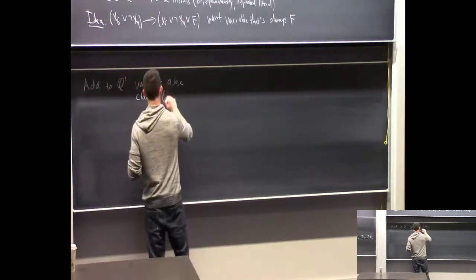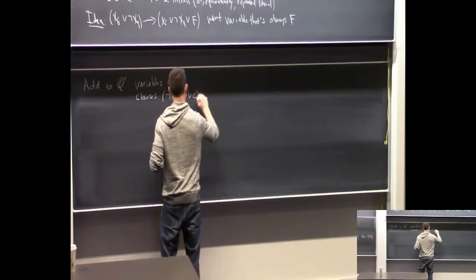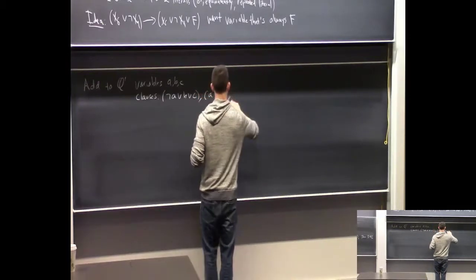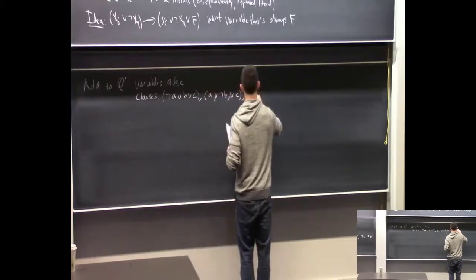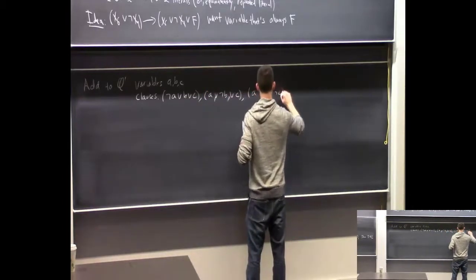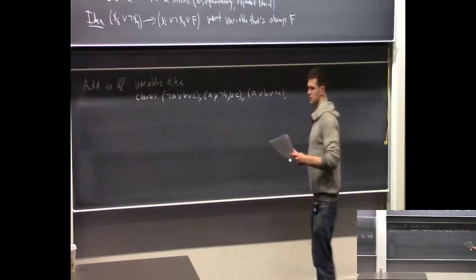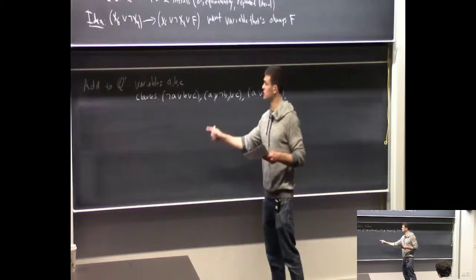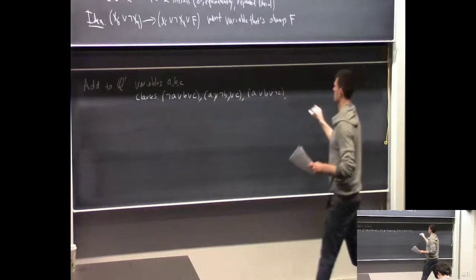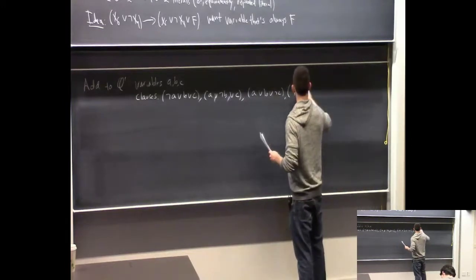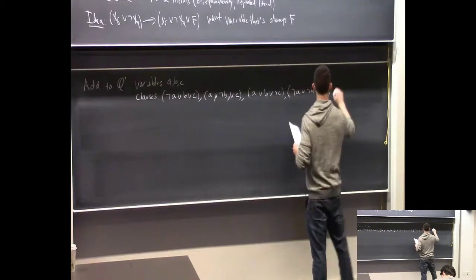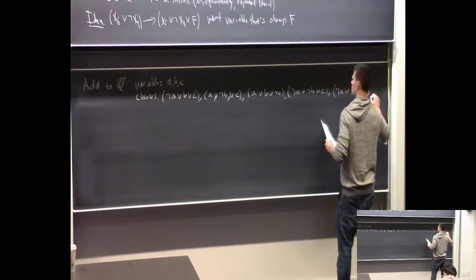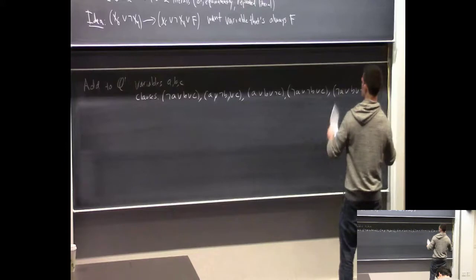And we're going to add clauses not A or B or C, A or not B or C, A or B or not C. Or in fact, we're going to add all 7 clauses except for A or B or C. So it's going to look like, we'll continue in the same way.